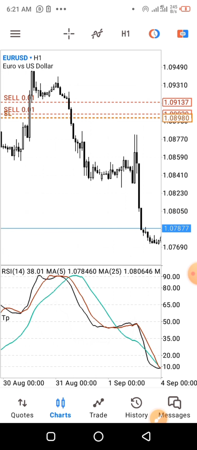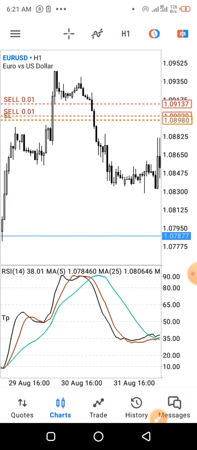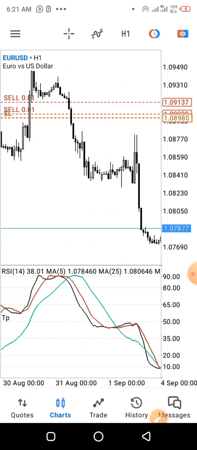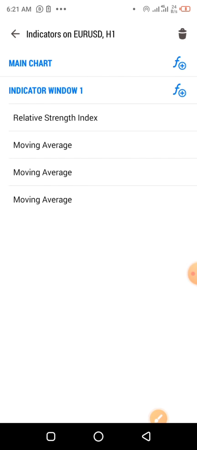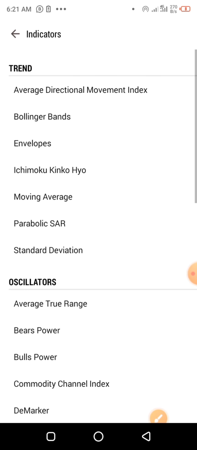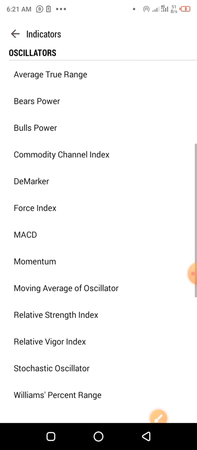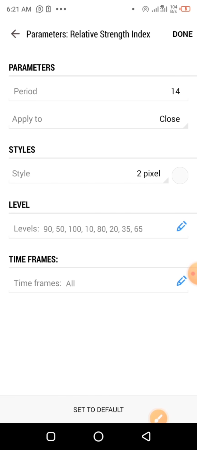So the first thing you want to do is add these parameters to your chart. Go to the F icon and look for your relative strength index.